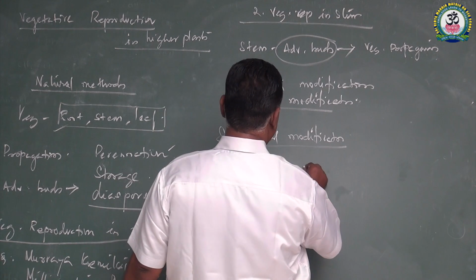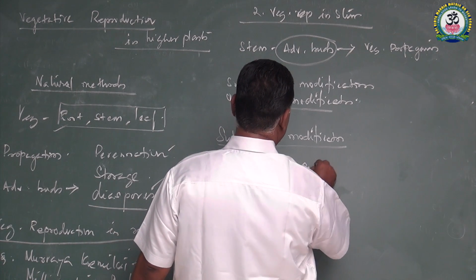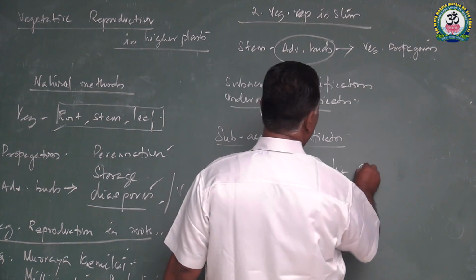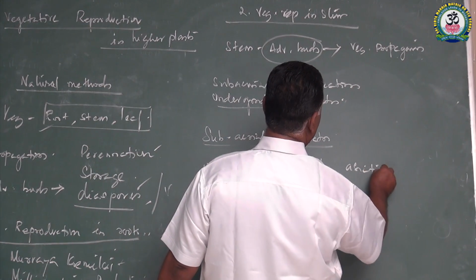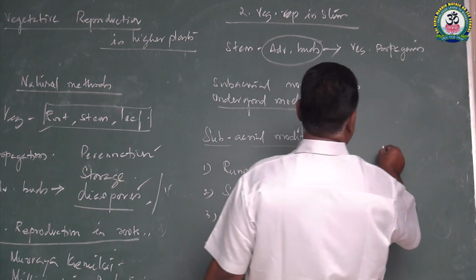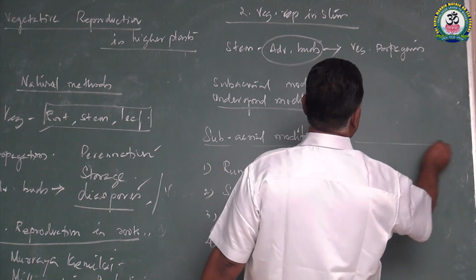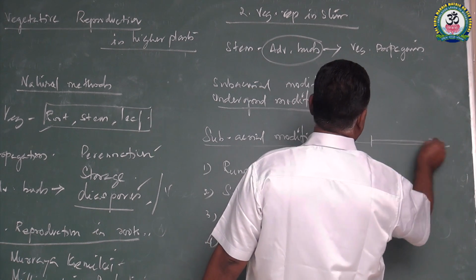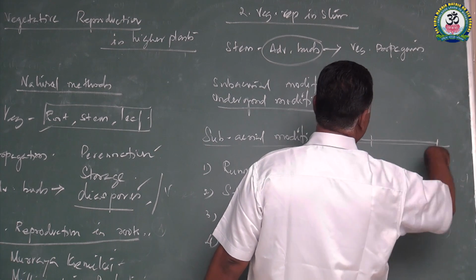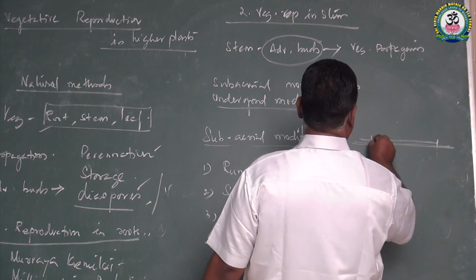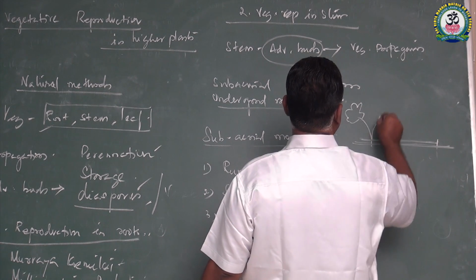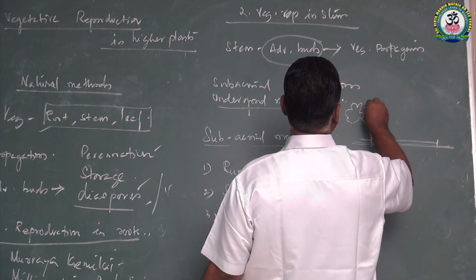Runner is Centella. An example for runner is Centella asiatica. Here the stem grows horizontally on the surface of the soil, and at every node it produces leaves, Centella asiatica.